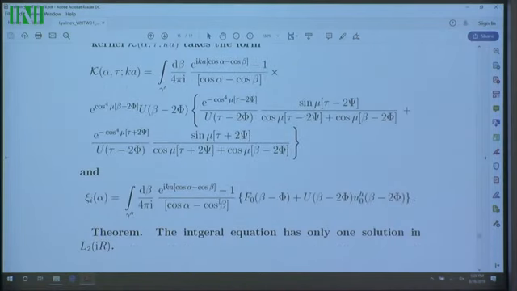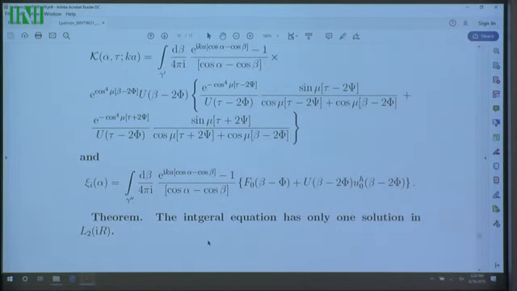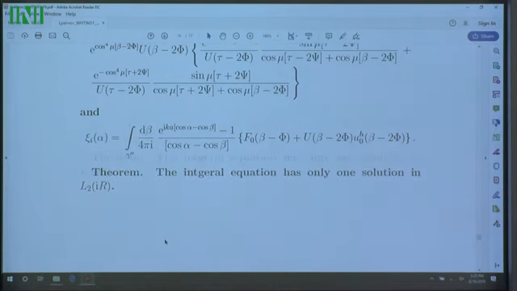It can be demonstrated that this integral equation is Fredholm. Moreover, you can prove that the kernel is square integrable, which is to say the kernel is of Hilbert-Schmidt class, and due to the uniqueness theorem of the boundary value problem, this integral equation is not only Fredholm, but it's uniquely solvable in L2.